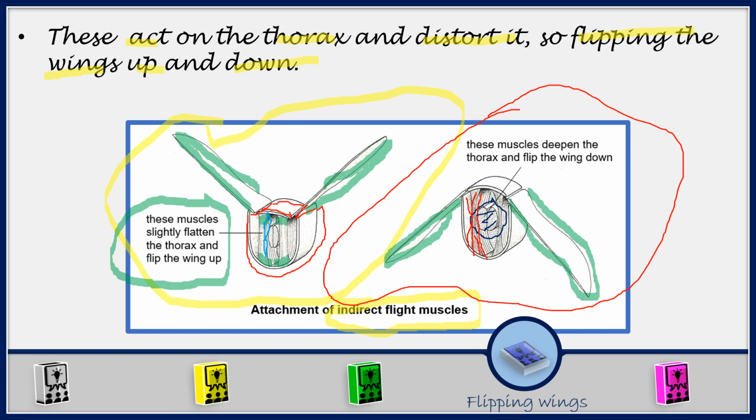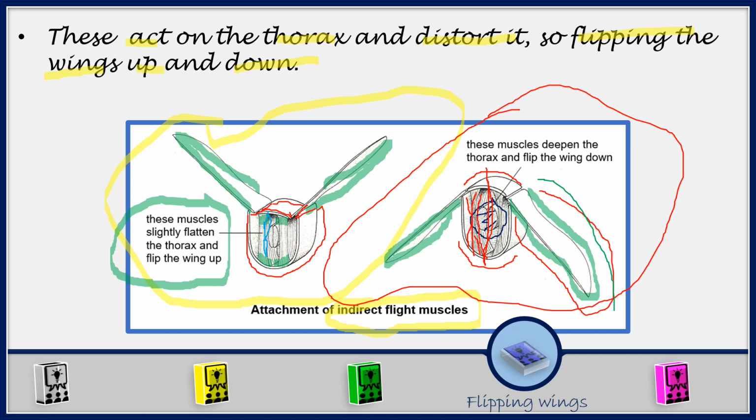It relaxes. Now, this one is going to push the thoracic cavity to go upwards and also downwards. And remember, our wings are attached on the thorax. So when the length increases from up going down, this is going to pull the wings to go downwards.